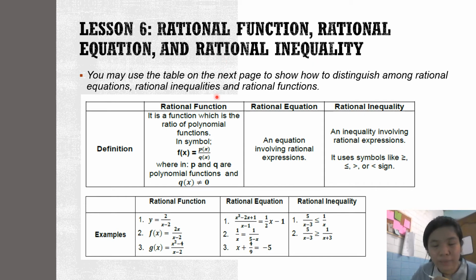Ngayon, differentiate naman natin yung definition ng rational function, rational equation, and rational inequality. So, rational function, easy lang yan. Rational function is a function which is the ratio of polynomial functions. So, imbes na ratio of polynomial lang siya, ratio of polynomial functions na siya.